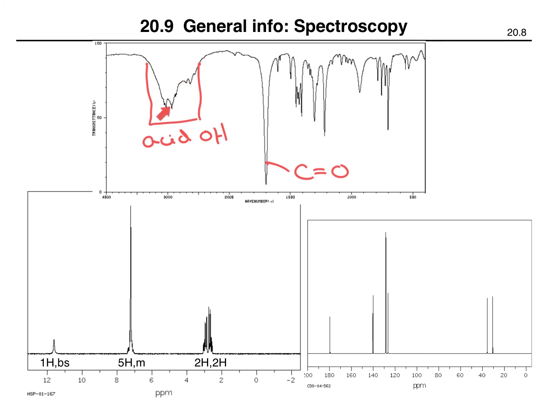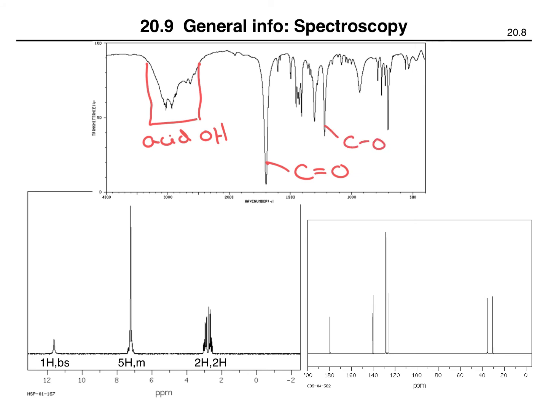In fact, although these are in the region just above and just below 3000, we can't really tell if these are sp2 CHs and these are sp3 CHs, or if this is just some of the shaggy beard of a carboxylic acid. Otherwise, in IR, this could be a carbon-oxygen single bond.